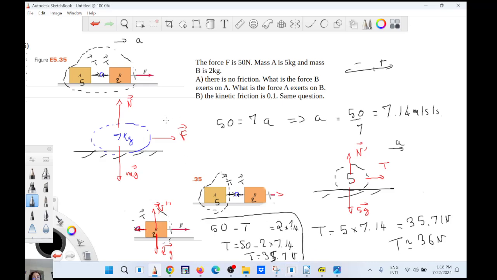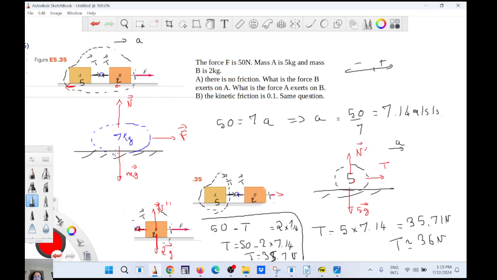Now, if you have friction, it makes things a little more complicated, because the frictional force is an exterior force. You have a frictional force for this one and a frictional force for that one. There is more frictional force here than there, because it depends on the normal force, or how hard it's pushing in.